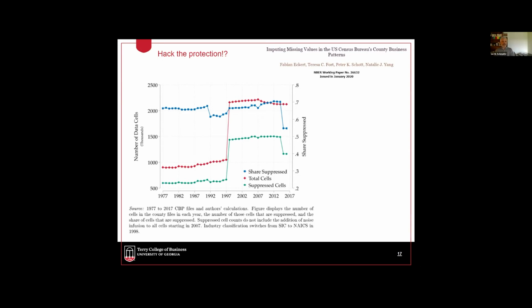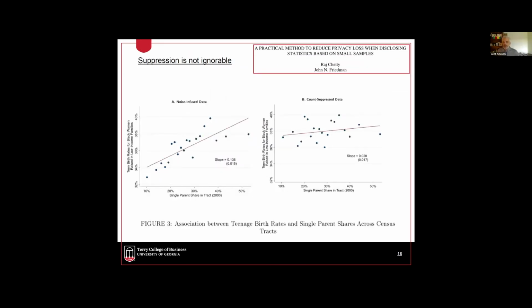This seems to me to be an undesirable situation, when we could replace it with a system that offers the same degree of protection to the firms contributing their data, and allows researchers to have as much information as they need to make adjustments for the privacy protection, and to not be able to undo the privacy protection. We know that suppression is not ignorable.